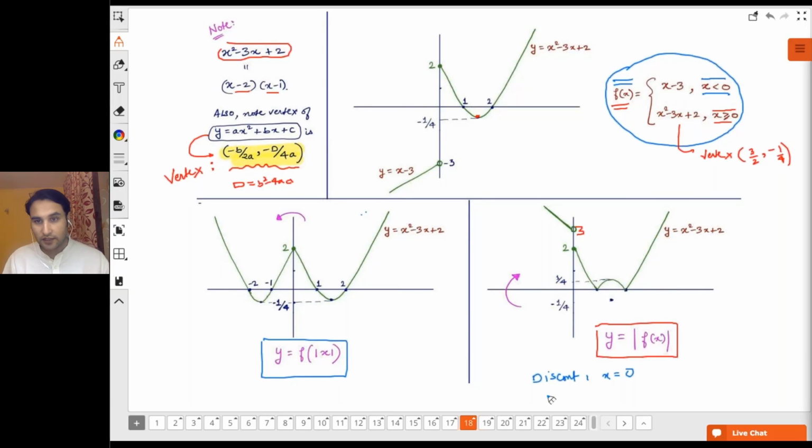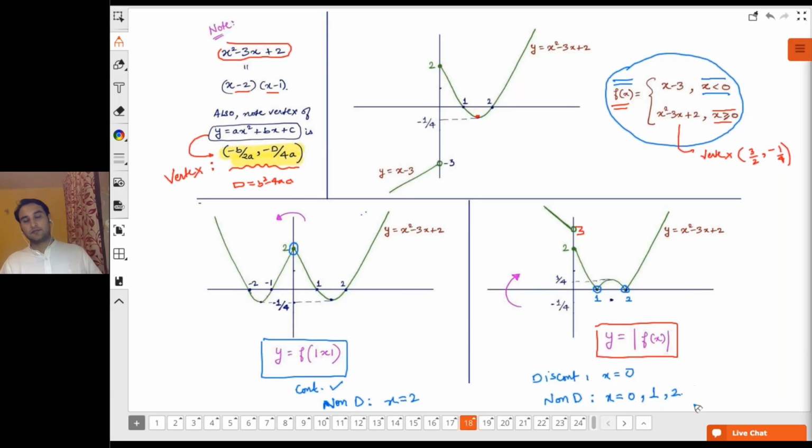Hence, it is non-differentiable at x is equal to 0, because the graph is broken. At x is equal to 1, sharp corner. At x is equal to 2, sharp corner. This is continuous everywhere, but it is non-differentiable at 2, sharp corner.